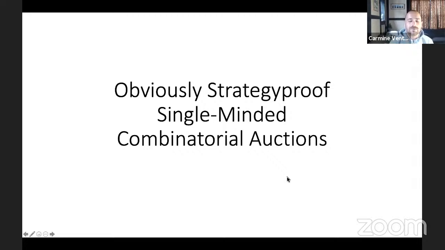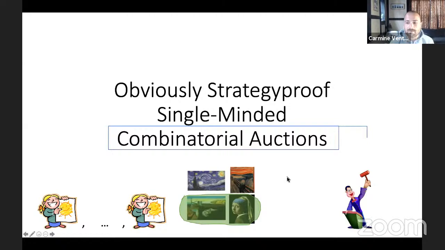So our focus is on combinatorial auctions, which is the problem in which we have an auctioneer, some bidders, and some items to allocate to the bidders. Our task is that of coming up with the auction rules, which means what protocol we use to decide who's going to win what and how much they're going to be paying for that.